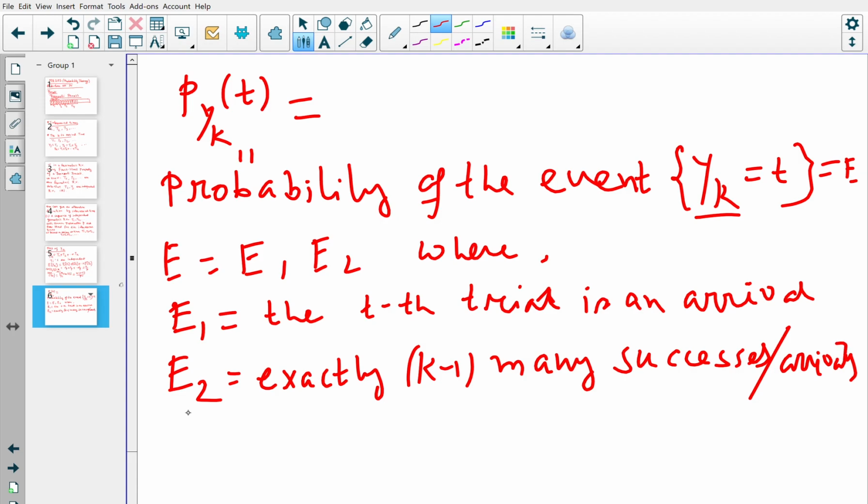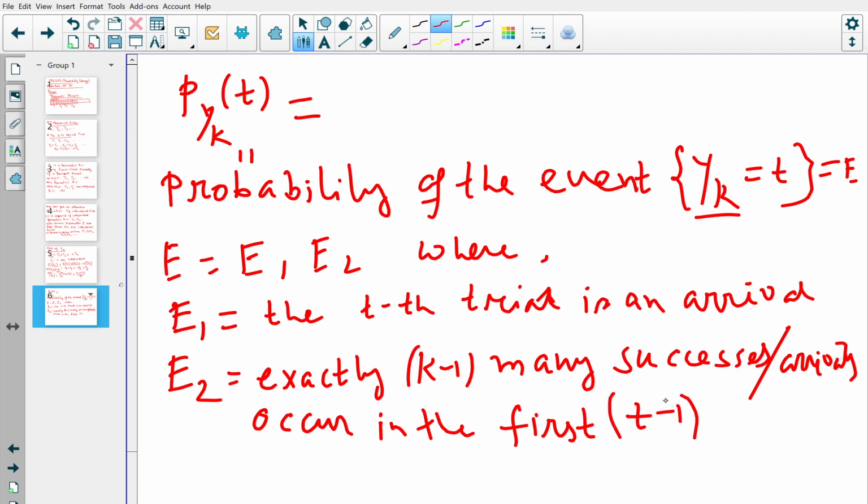So these occur in the first t minus 1 trials. Okay, so if both E1 and E2 happened, then E happened. So this is the intersection of E1 and E2. Now if we know the probability distribution for E1 and E2, then we know the probability for this event E, and that will be nothing but the PMF.